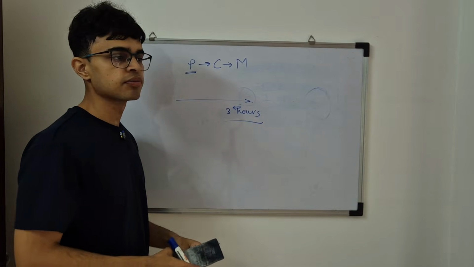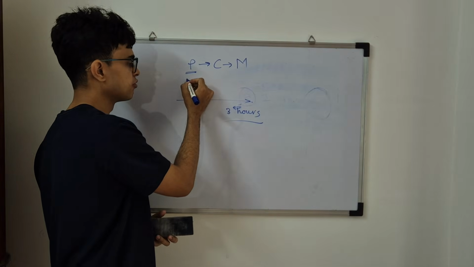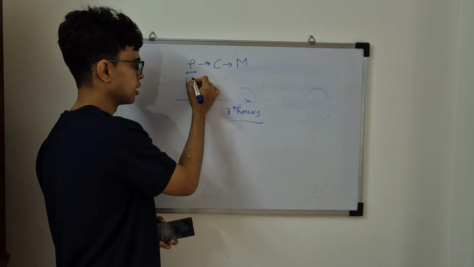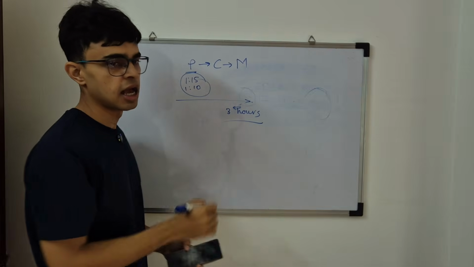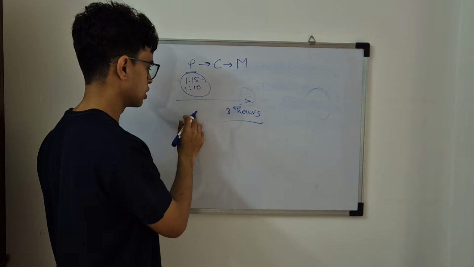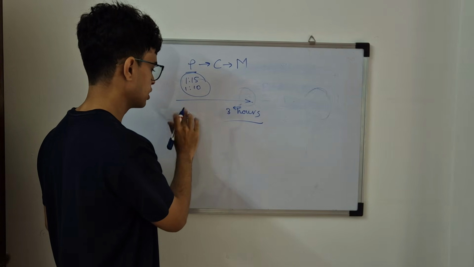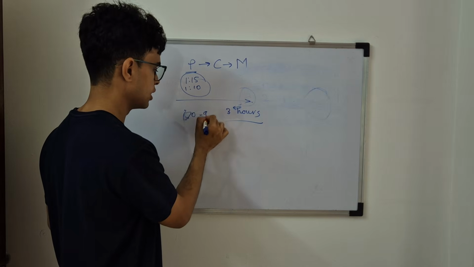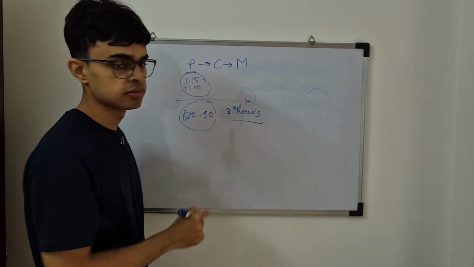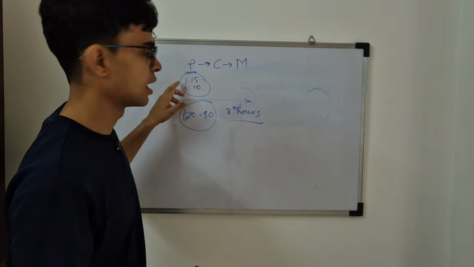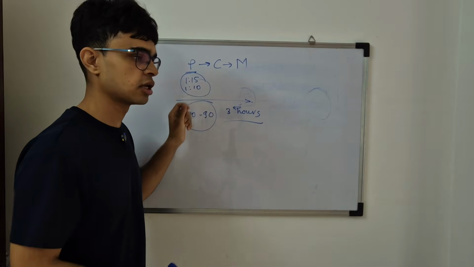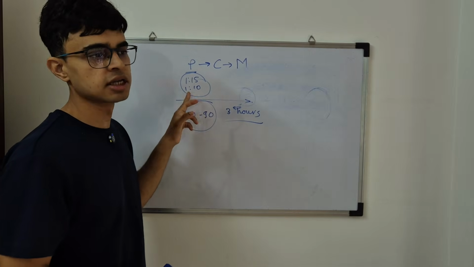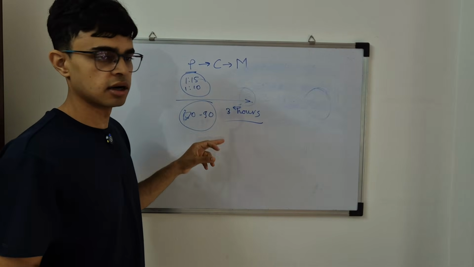Now I devote around 1 hour 15 minutes or 1 hour 10 minutes to physics, and I aim to score between 70 to 90 marks in physics. This is my first target. I spend 1 hour 10 minutes because physics involves a lot of numerical calculation, so it takes slightly more than 1 hour.